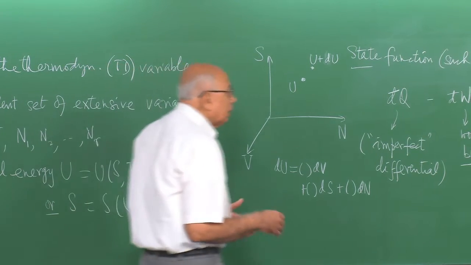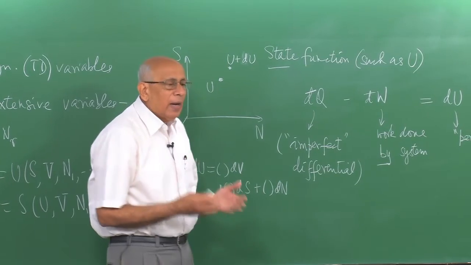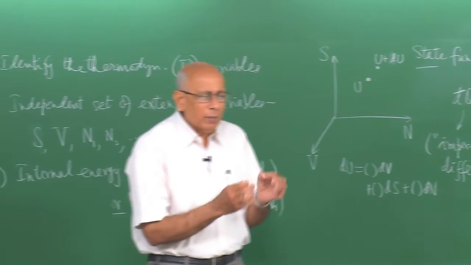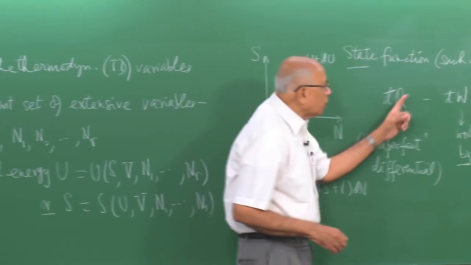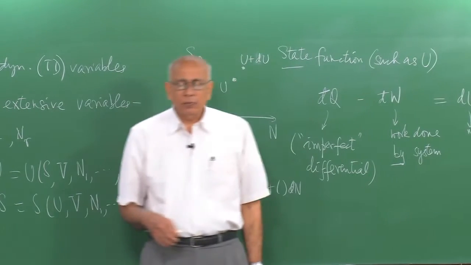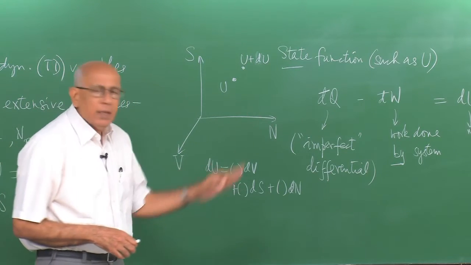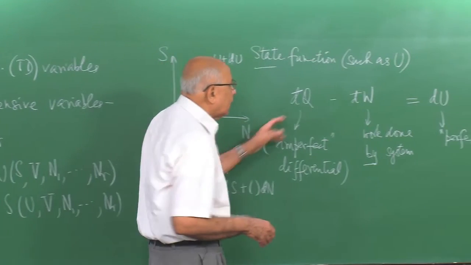So a lot of experimentation and empiricism went into writing the laws of thermodynamics, but with the benefit of hindsight, we can now write what the actual mathematical quantities are, and they turn out to be the difference between two imperfect differentials is given by the increment of a state function called the internal energy of the system, and its increment is a perfect differential on that side. So that is the content of the first law.